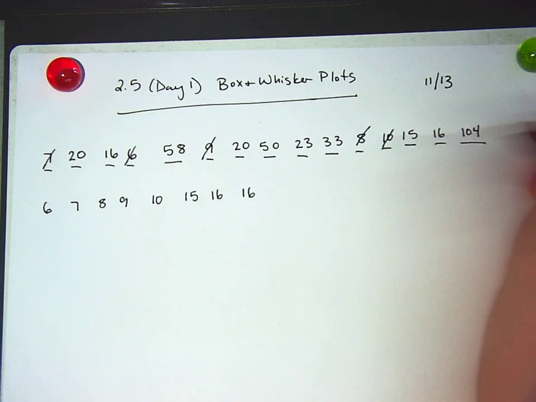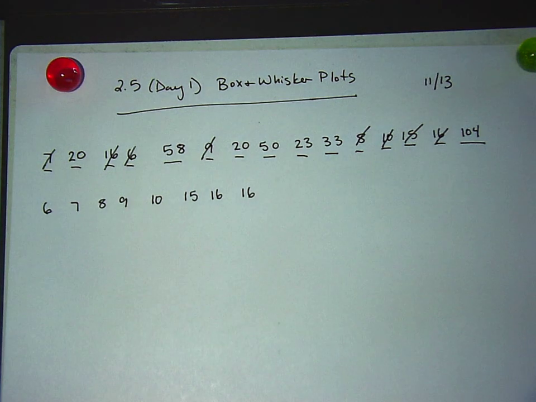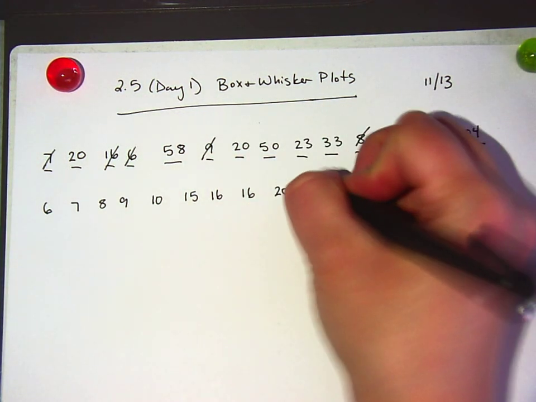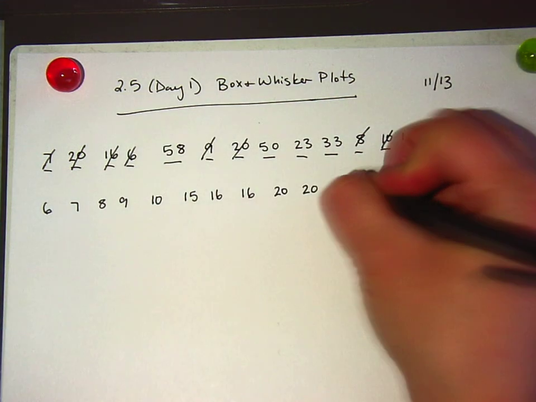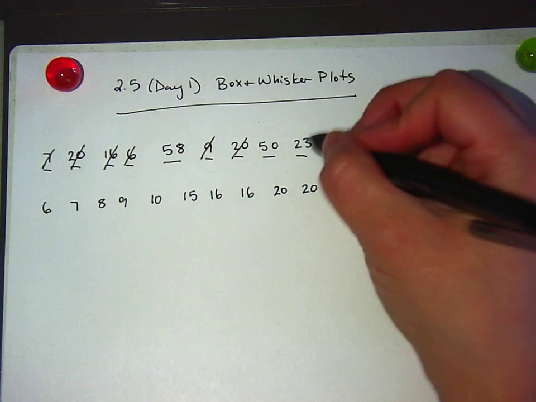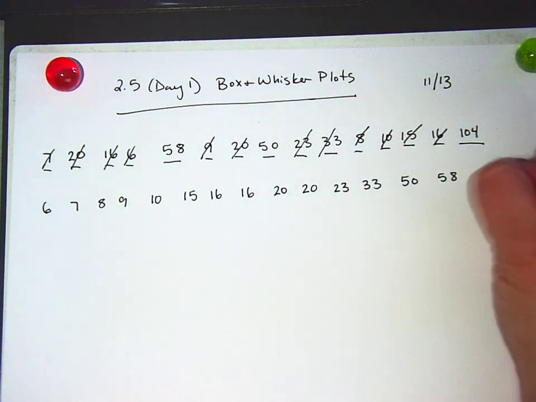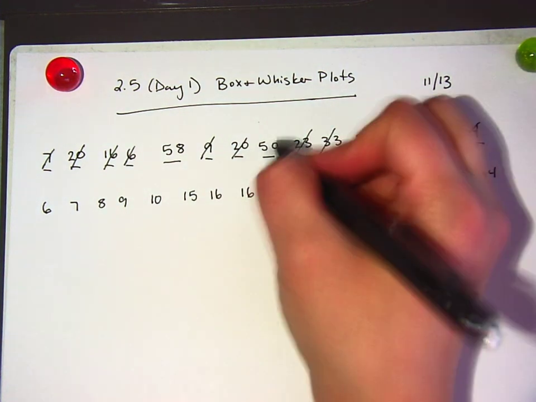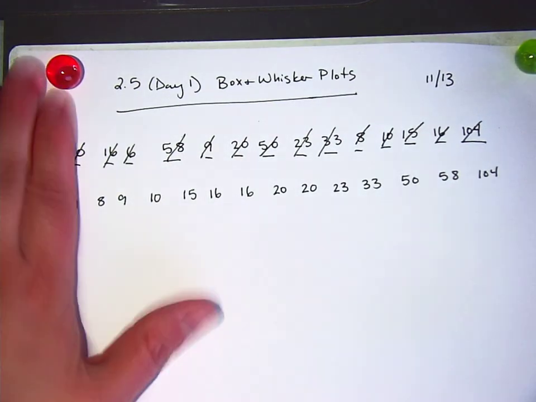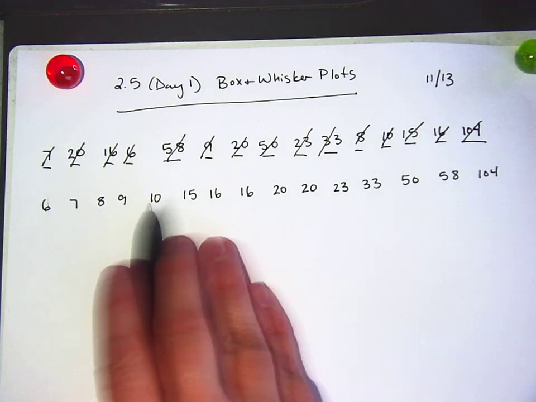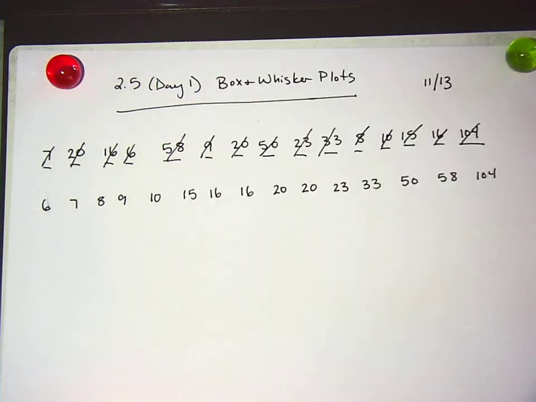If you see me making a mistake, say something. 20, 20, 23, 33, 50, 58, and 104. If you do it right, you should still have 15 numbers left when you're done.